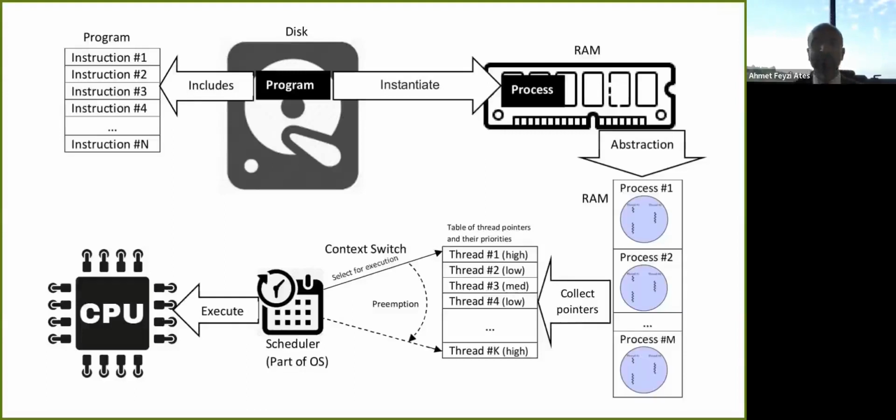For example, the Chrome browser. When you instantiate Chrome, it may launch more than one process. And since every process has at least one main thread, threads start to live. An operating system has a scheduler giving execution time, making context switching, selecting them according to their priorities, and making preemption to execute. The CPU may be single core or quad core. This is another topic we will discuss later.